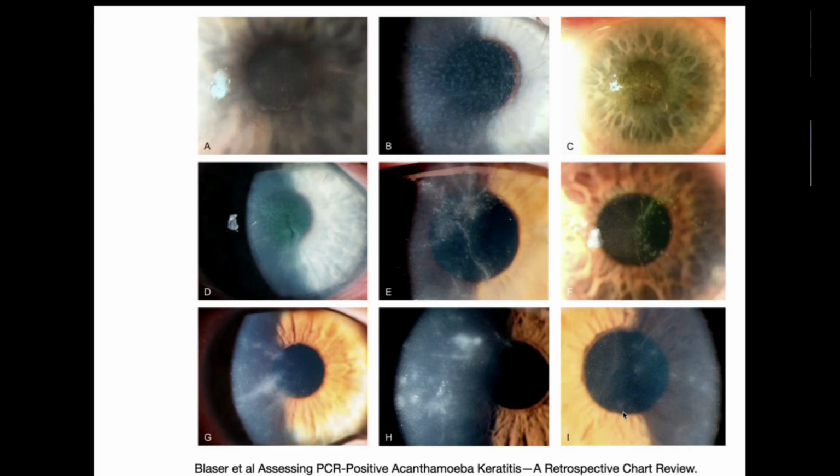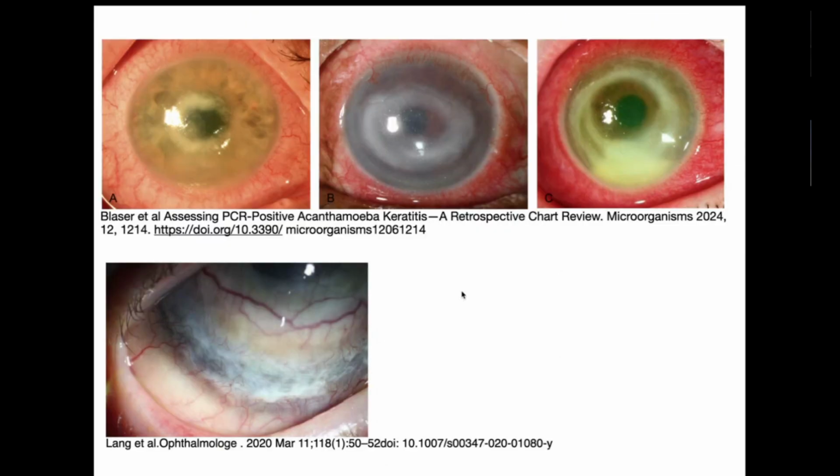And if the disease progresses further, we get more of a stromal infection, and we get this ring-shaped lesion that is quite typical, and then it's more likely that the disease is recognized on a clinical basis.